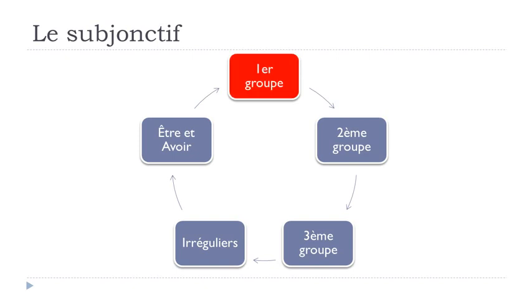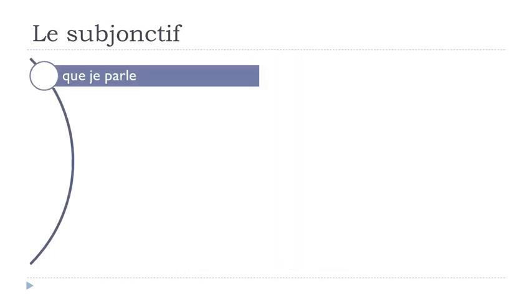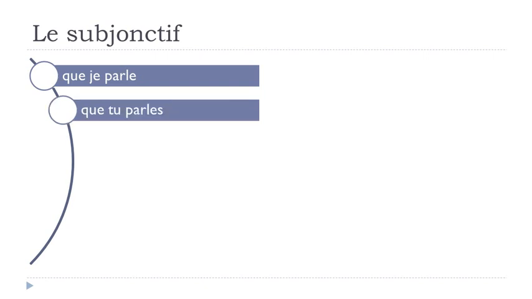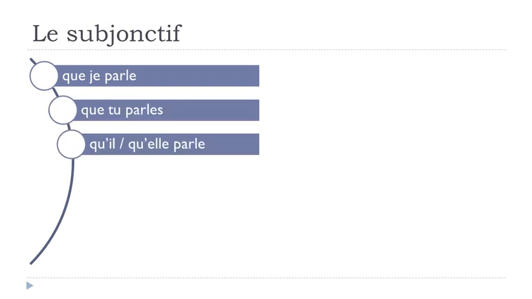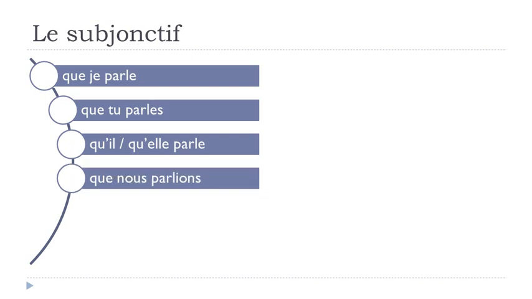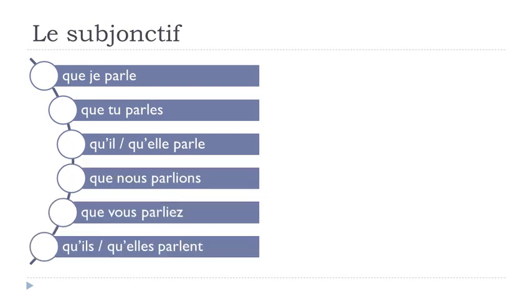Okay, so let's see now the first group, and you will see that it's quite easy because we get que je parle, que tu parles, qu'il parle, qu'elle parle, que nous parlions, que vous parliez, qu'ils parlent, qu'elles parlent. All right, this is the subjonctif, and it's quite interesting because if you take the time to look at it, que je parle, it's exactly the same form as the present form.